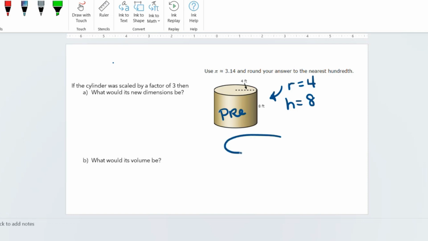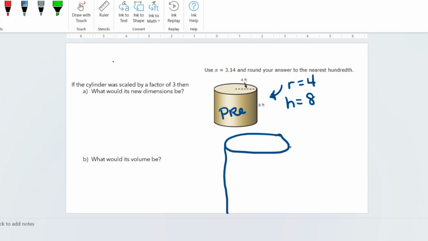I want to figure out if I scaled that cylinder by a scale factor of 3, what would the new dimensions be? Since the scale factor is greater than 1, we know it's going to increase in size, so we'll be multiplying each part by 3.